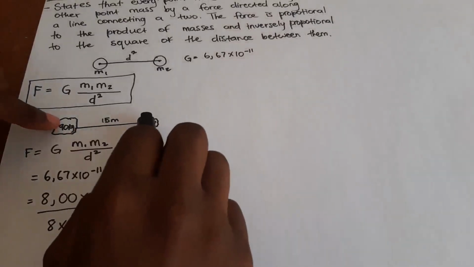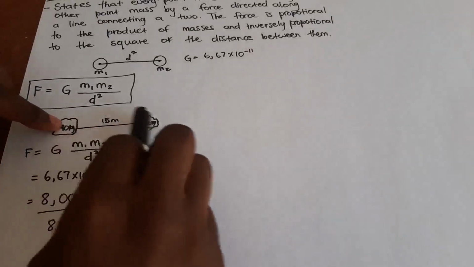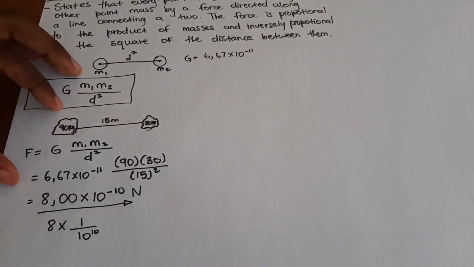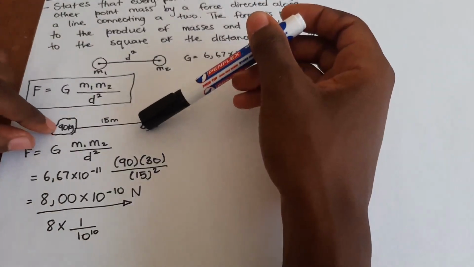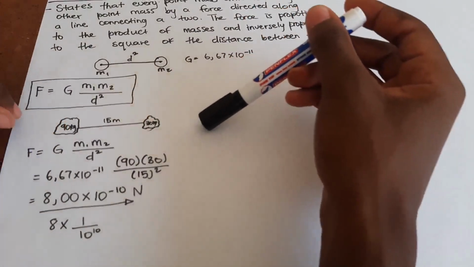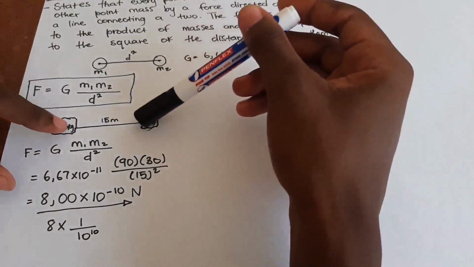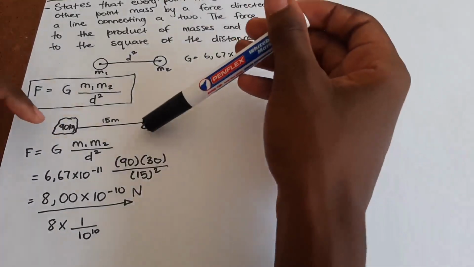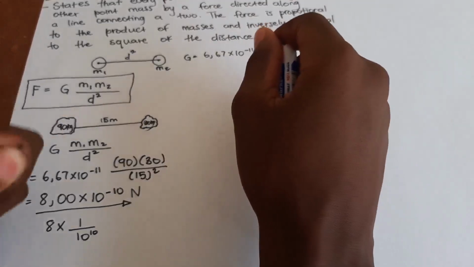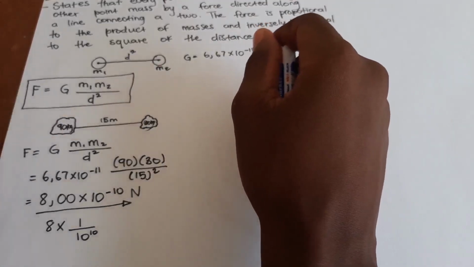Look, you see the distance is 15 meters apart. But if we enlarge the distance, making it wider, maybe 20 meters apart for these two objects, the force of attraction will be smaller.